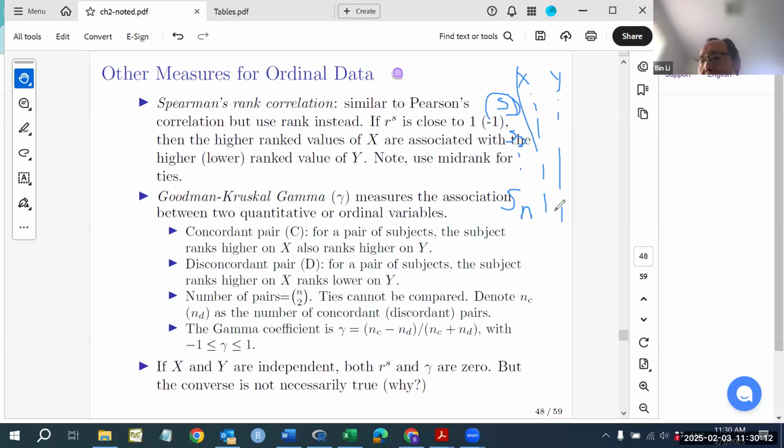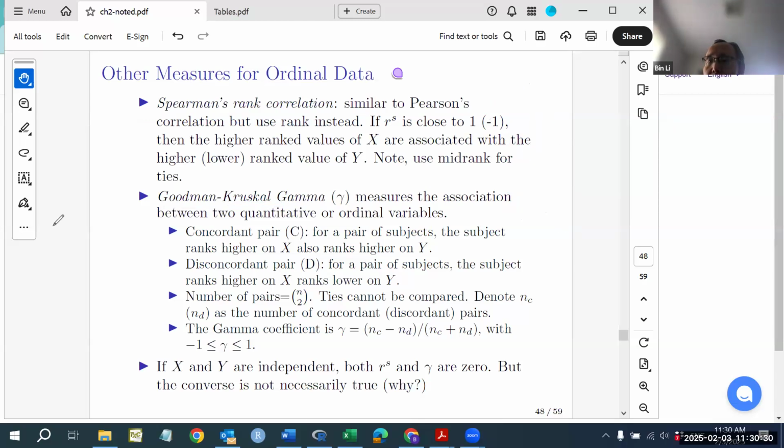So that's called a paired structure. If we have that structure, then we can use the Spearman's rank and the Kruskal gamma. If we don't have such a paired structure, we cannot use these two.